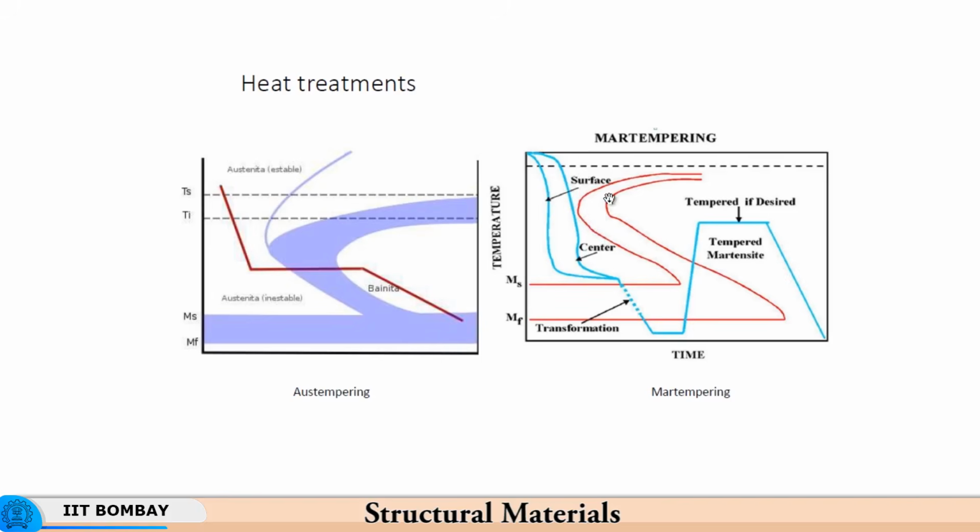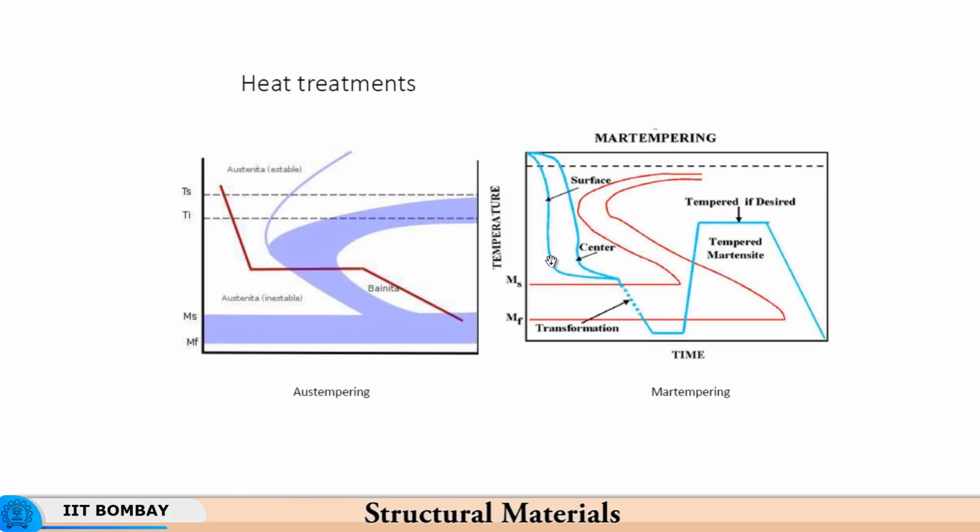So you have missed the nose at both surface as well as the center. Having done that, you hold it for a while so that the temperatures at the surface and the center get equalized slightly above the martensitic start. Okay, it gets equalized above the martensitic start, very important.